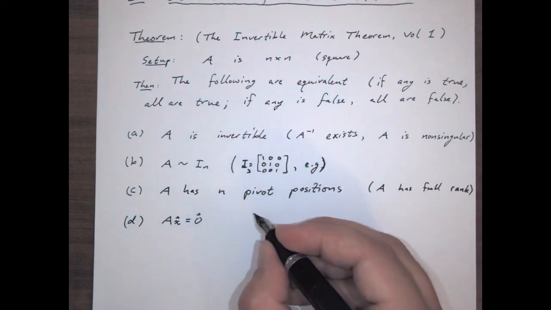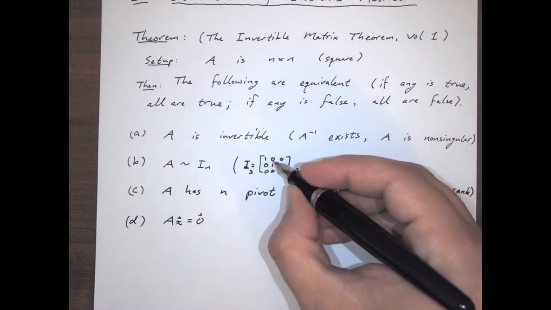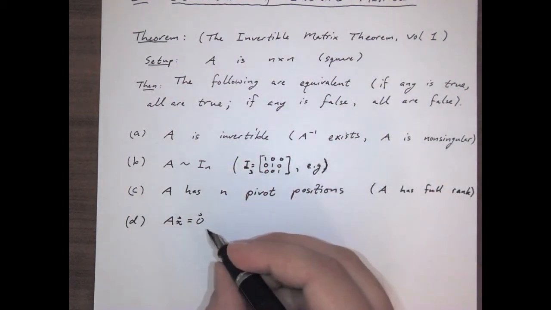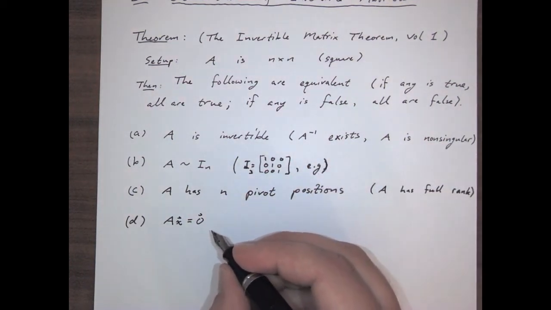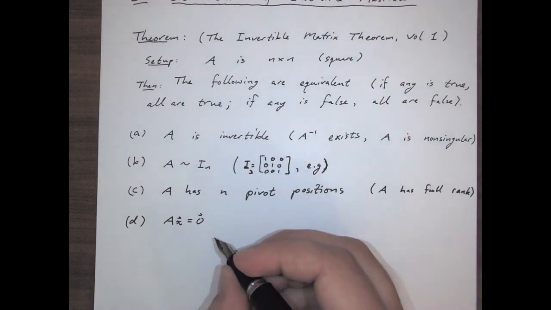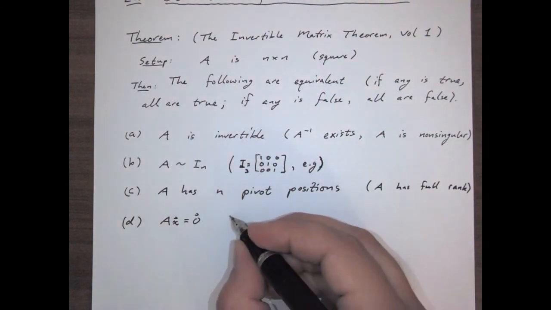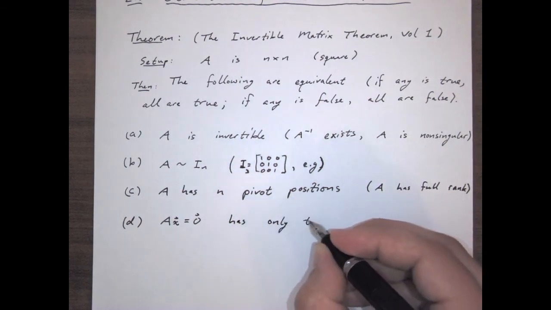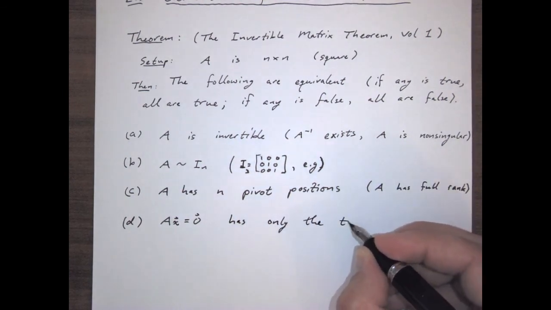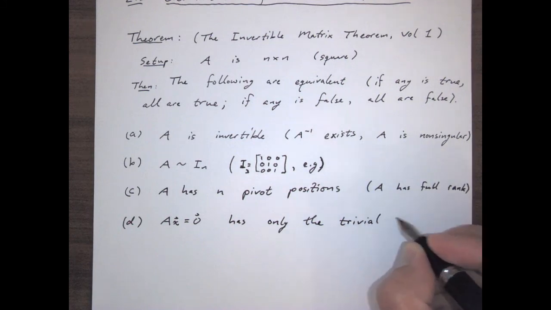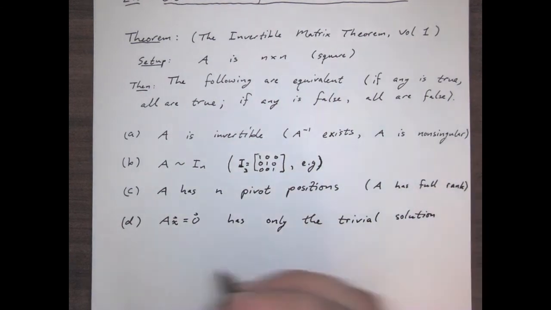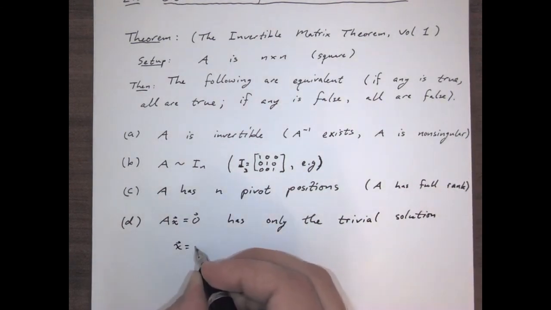So that would mean that our solution would be x1 equals 0, x2 equals 0, x3 equals 0, meaning in the language of homogeneous systems of equations, this has only the trivial solution. Which means, in other words, that x is the 0 vector.